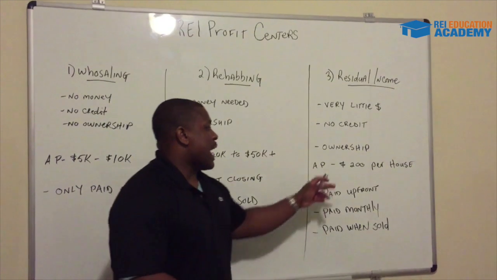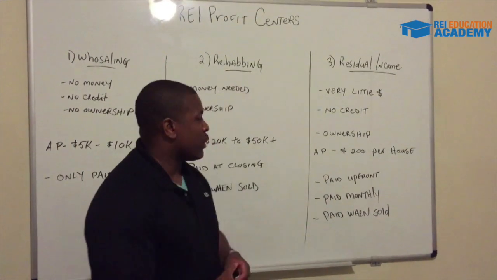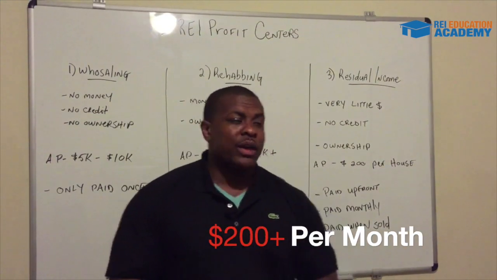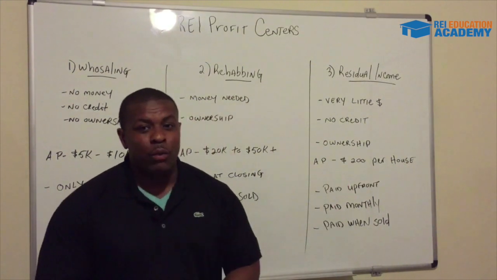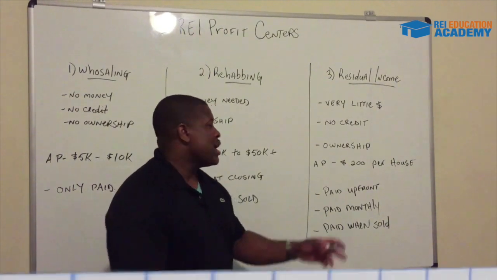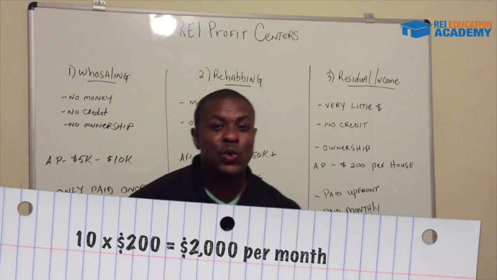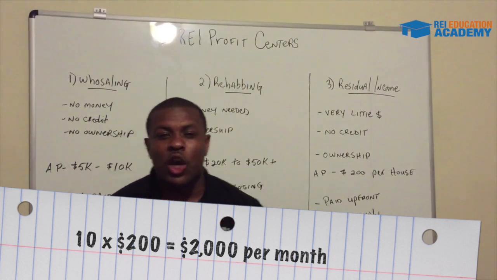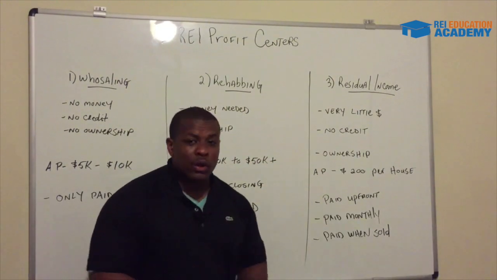The average profit on a residual income house is somewhere in the neighborhood of $200 per month or more. So the object is to collect as many of these as possible. Just to give you an example, if you had 10 houses where you were collecting $200 per month from, you'll be collecting $2,000 per month extra on top of what you're currently making at your full-time job or whatever you do for a living.